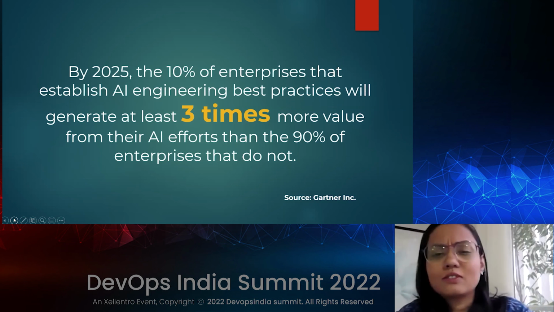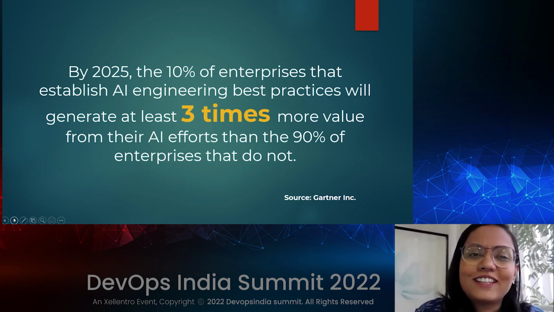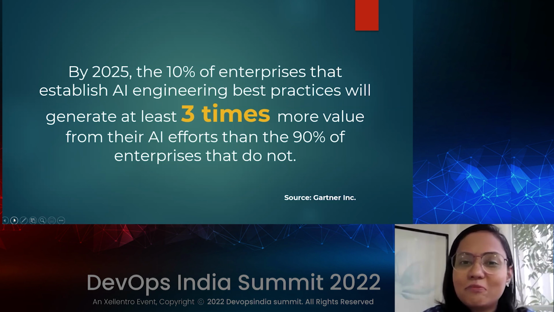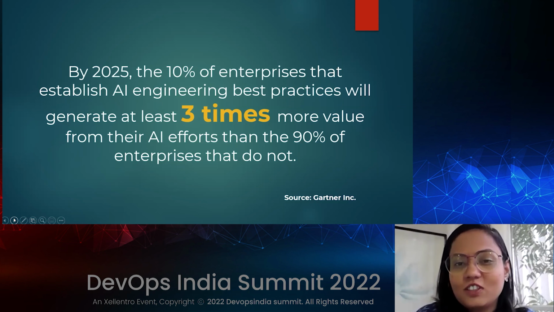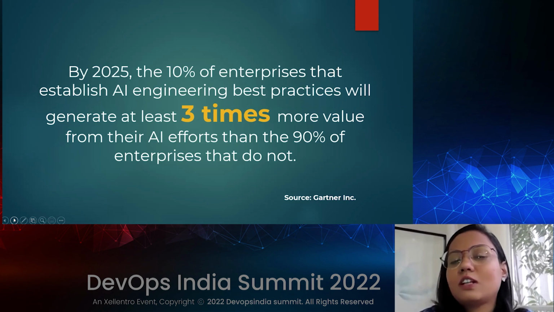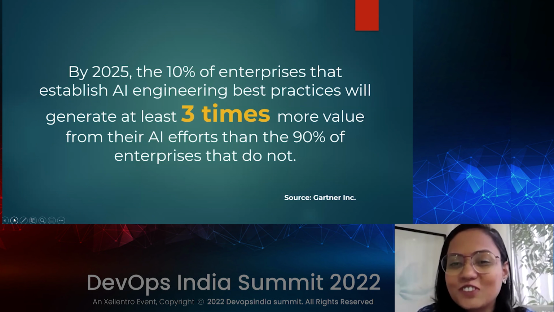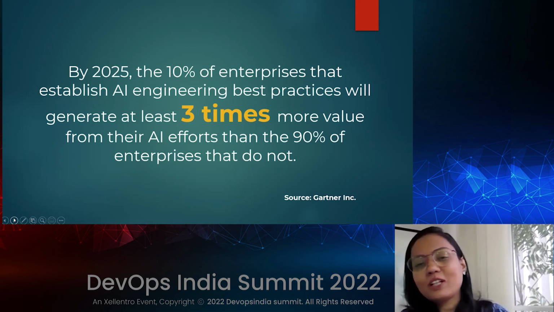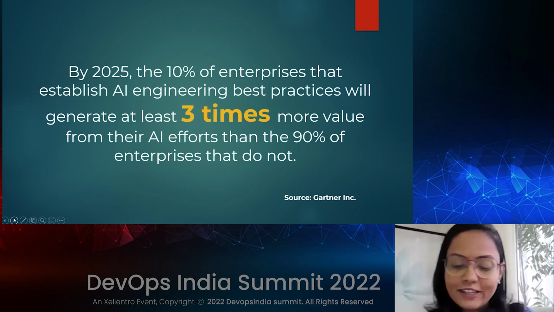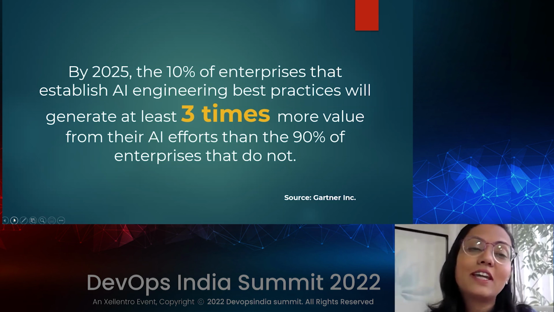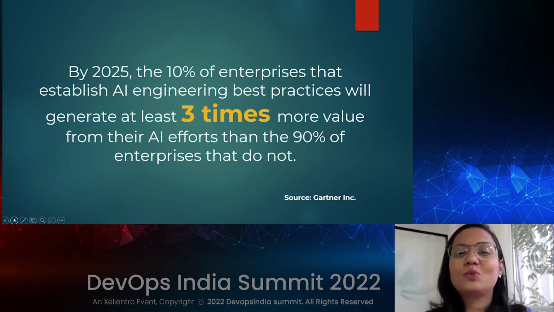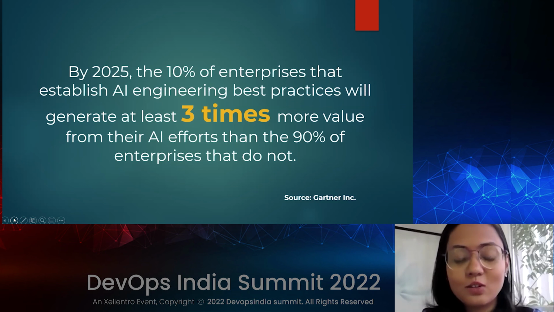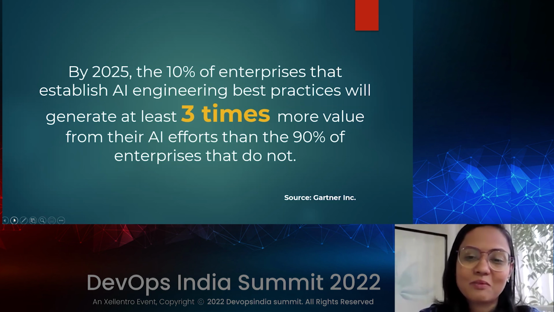So just 6 months old, it says that by 2025, 10% of enterprises that establish AI engineering best practices will generate at least 3 times more value from their AI efforts than the 90% of enterprises that do not. Which means it's not just using AI for your business solutions; your hardcore engineering needs to be taken a closer look at, to see how you can make it better.